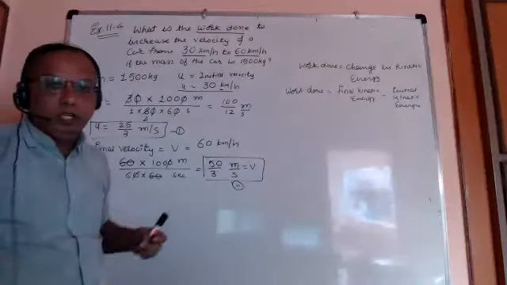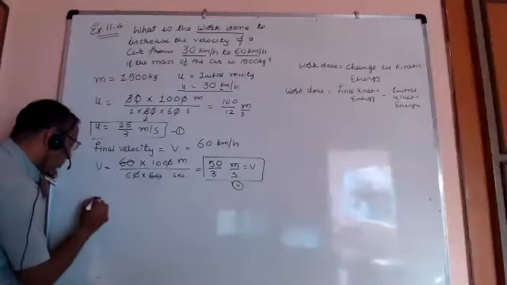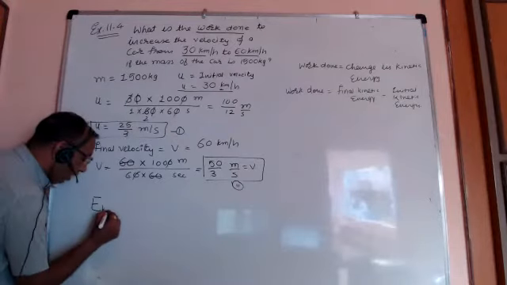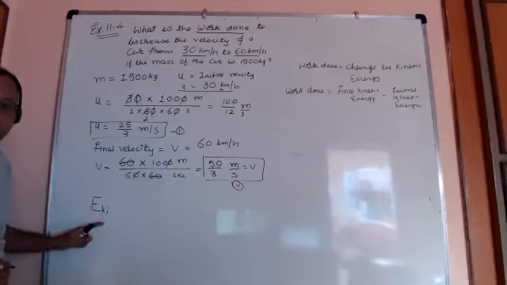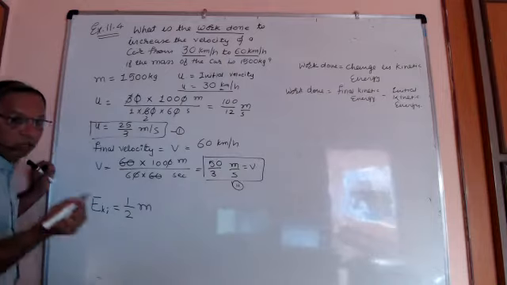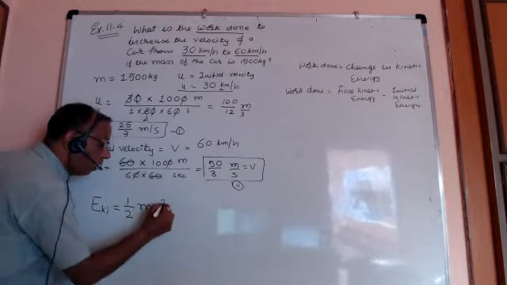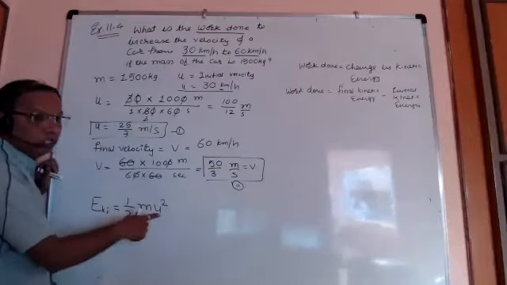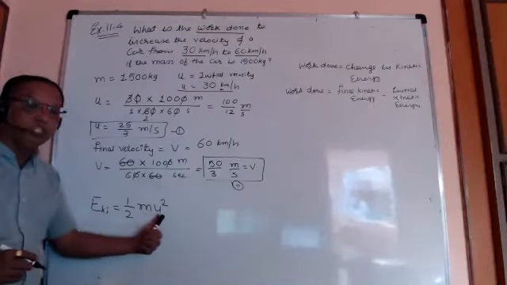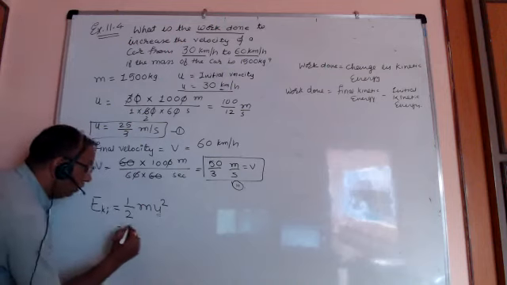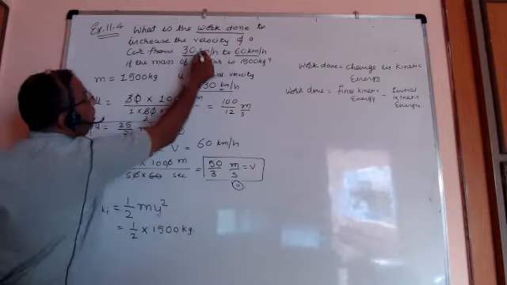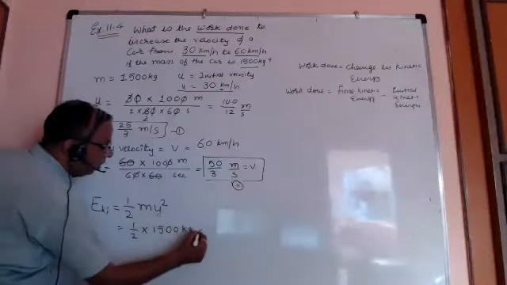EK is the formula for kinetic energy, and if I write I for initial, the initial kinetic energy is 1/2 m u square, because when we want to find the initial kinetic energy, the initial velocity is to be taken. Here it is 1/2, 1500 kg, mass is given in the question, and then u square.